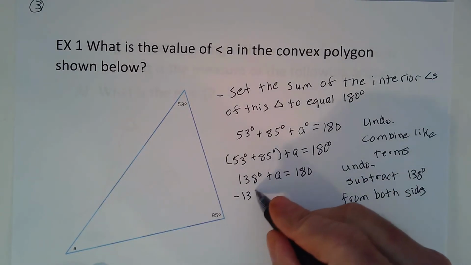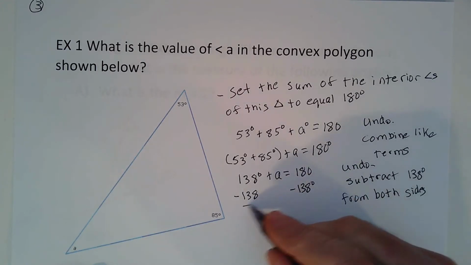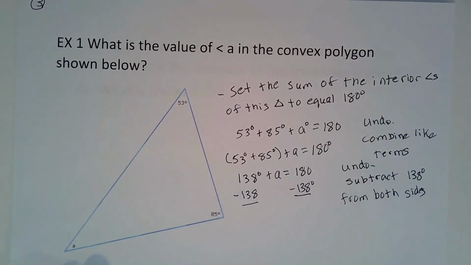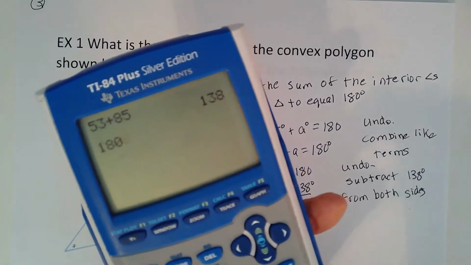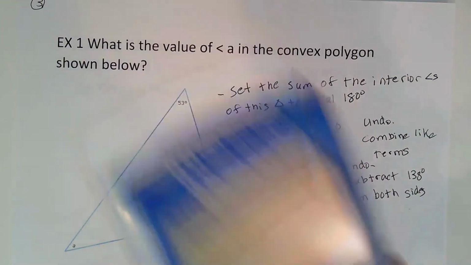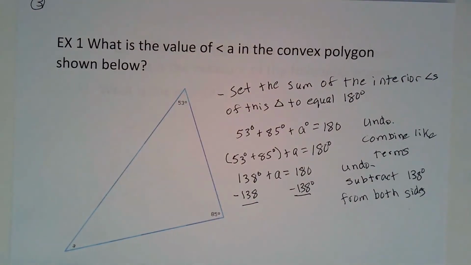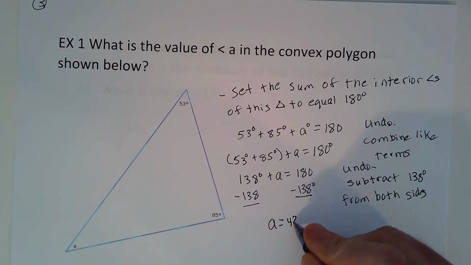Subtract 138 degrees, subtract 138 degrees, and again, use your calculator if you want. 180 minus 138 equals 42 degrees. So A equals 42 degrees.